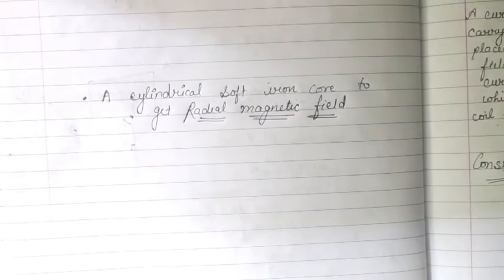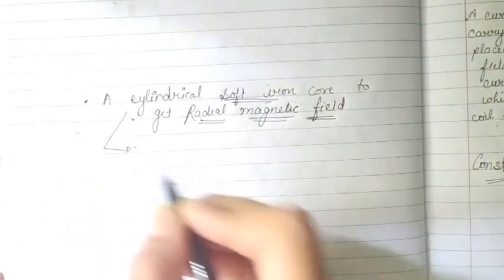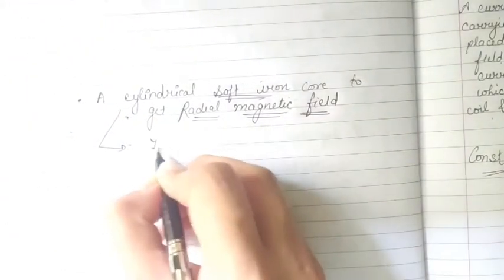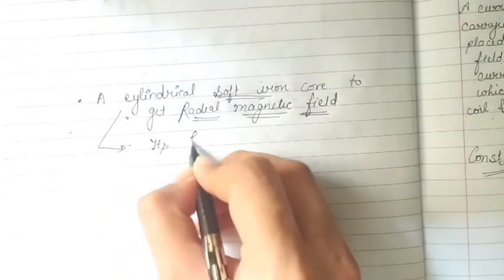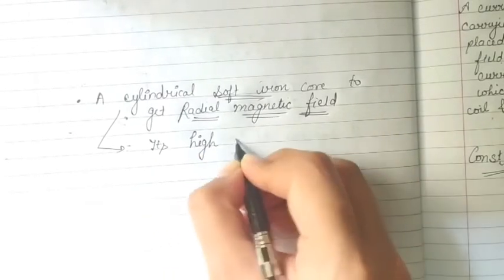The reason why we choose soft iron as the core material is its high permeability.